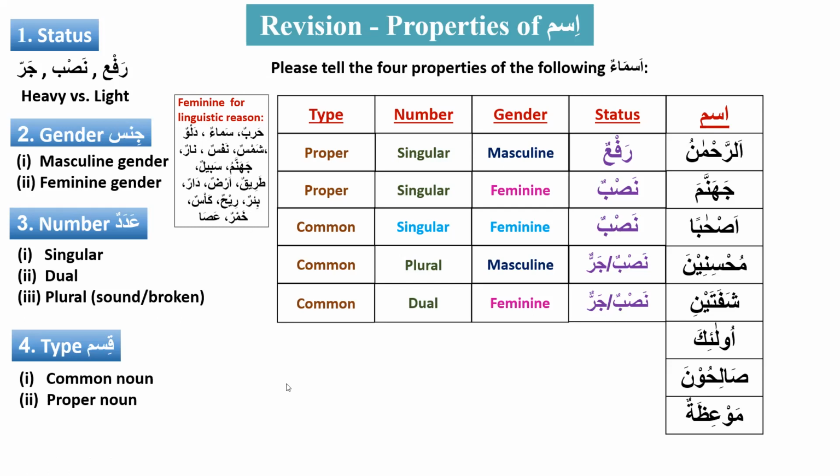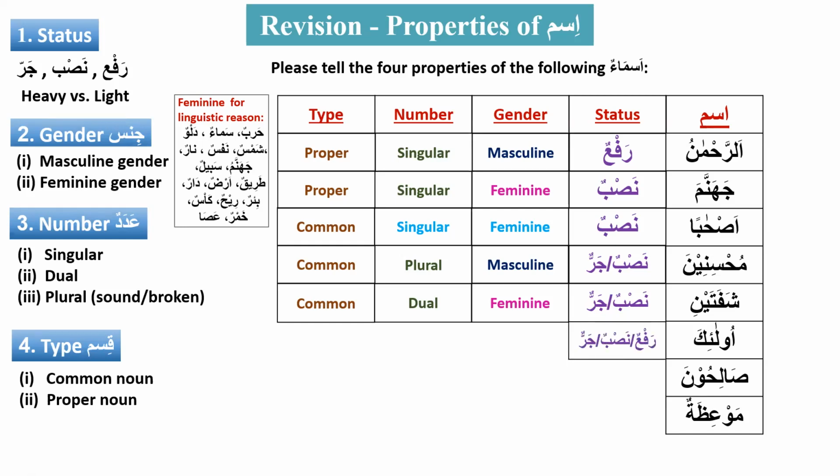Muhammad Ashar. Ulaika. This is a pointing word, so be careful. We have to treat it as if it was a special word. The status can be rafa, nasab, or jar. It doesn't show its status. We will only know when it is used in a sentence.